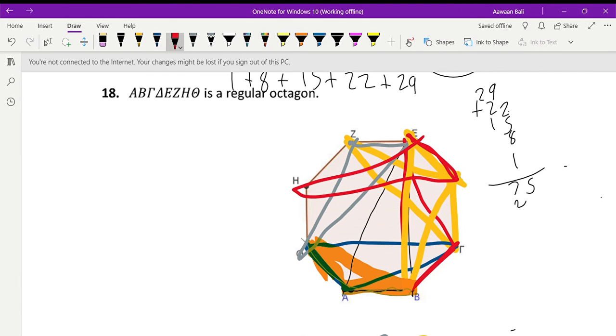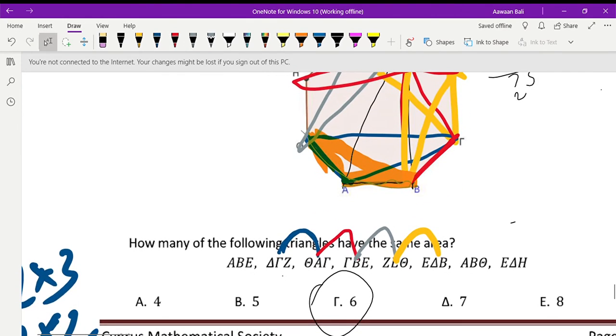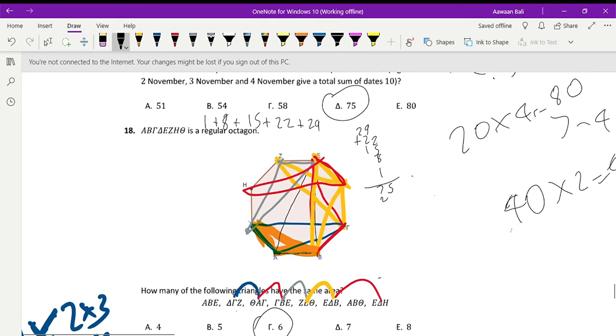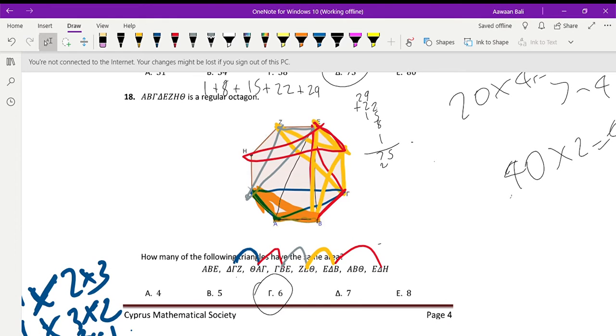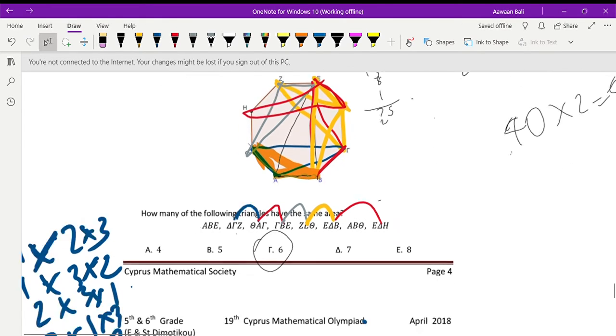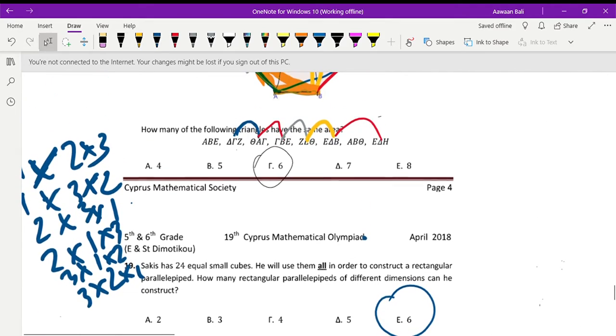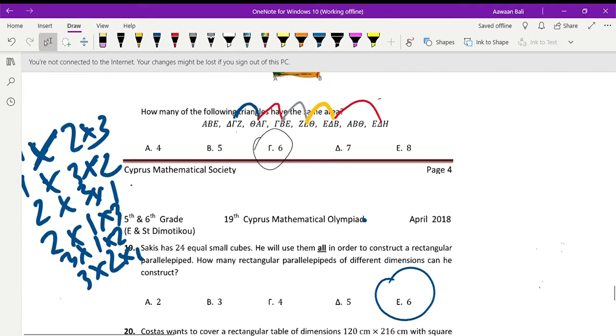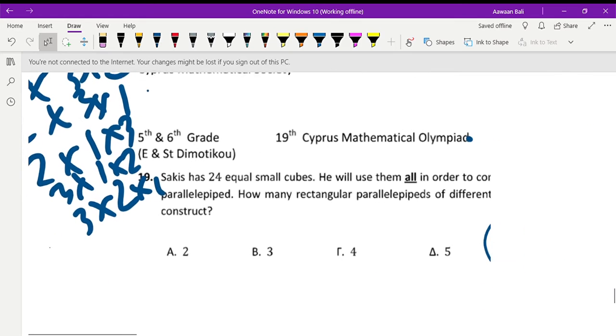So basically that's the same. So 1, 2, 3, 4, 5, 6. So the answer is gamma, 6. There are 6 equal areas, but you should draw them one by one, and people who just look at them directly wouldn't exactly understand, but you understand if you draw them step by step. So yes, it's gamma.